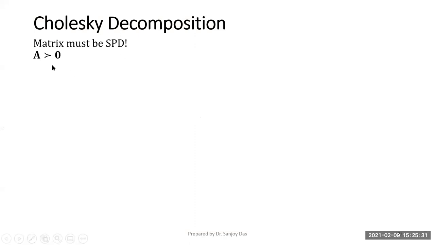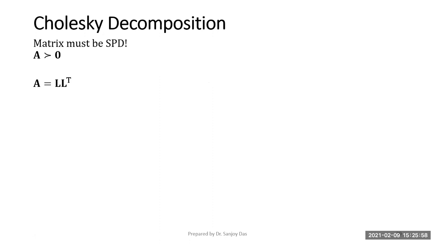This is the notation, right? So it must be symmetric and positive definite. And then the Cholesky decomposition algorithm decomposes A into this form. A equals some lower triangular matrix L times L transpose.